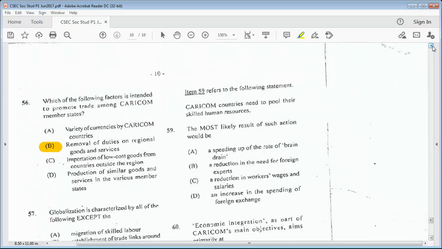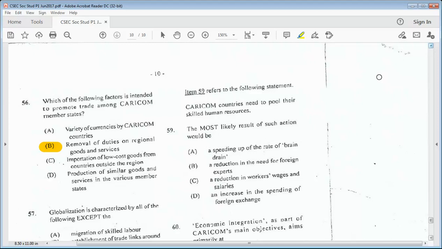Let's look at 59. Item 59 refers to the following statement. CARICOM countries need to pool their skilled human resources. The most likely result of such action would be A, a speeding up of the rate of brain drain. B, a reduction in the need for foreign experts. C, a reduction in workers' wages and salaries. D, an increase in the spending of foreign exchange.